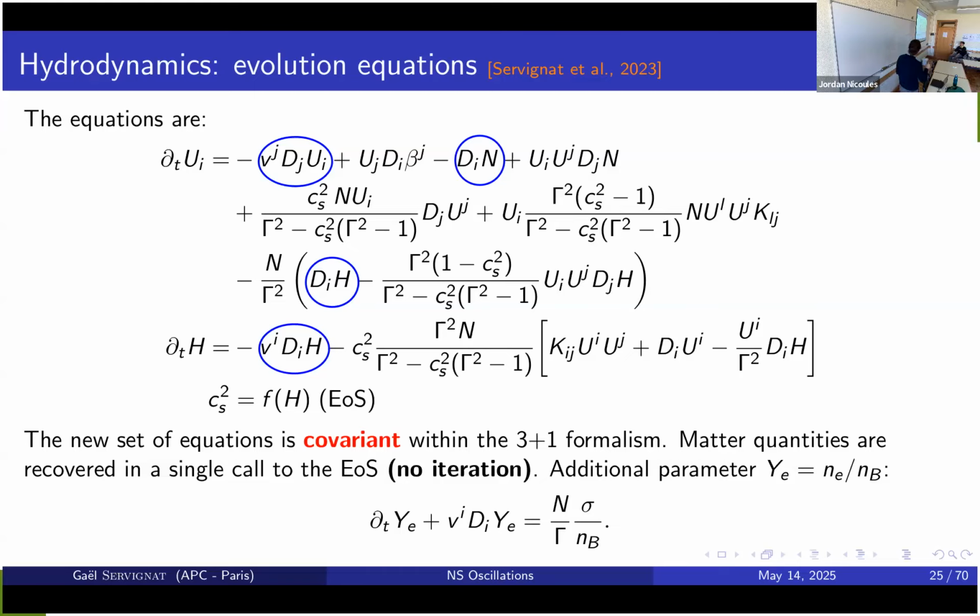So basically, you have the competition between gravitational field and gradient of pressure that tells you how the fluid evolves, and the rest is mainly geometry. Not only, but mainly. You have the same for enthalpy, which is kind of a generalization of the continuity equation or conservation equation. And all of this is closed by the equation of state, which enters through the sound speed.